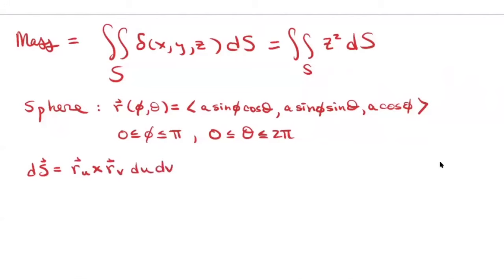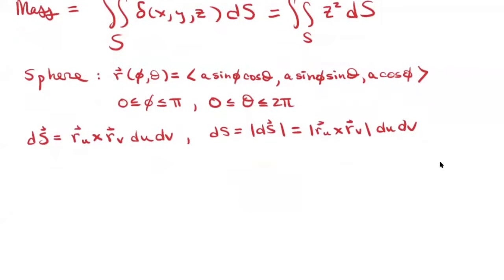And maybe while we're at it, we'll say ds, the scalar, is the magnitude of ds, the vector. So that's the magnitude of ru cross rv du dv.